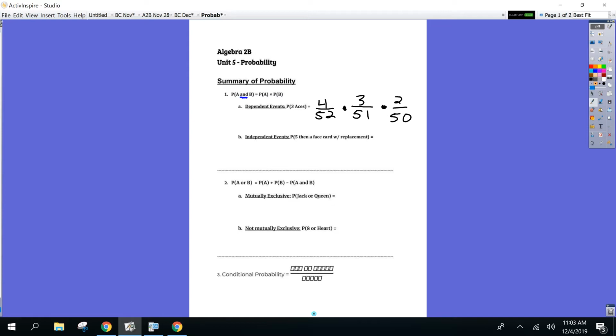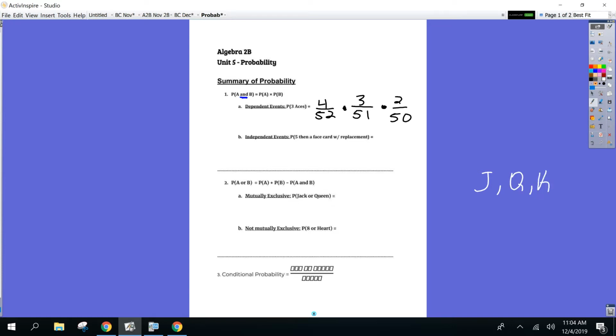Okay, all good there on the first one. Second one, independent, meaning the first one has no effect over the second one. A 5, then a face card, with replacement. So draw me a 5 first, replace it, then give me a face card. A face card is Jack, Queen, King.